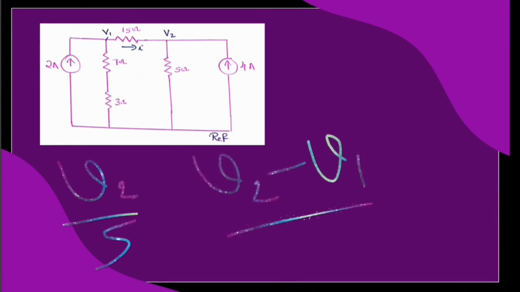By KCL, the sum of currents entering a node is equal to the sum of currents leaving that node. At node V2, we have one incoming current, 4 amperes, and two unknown outgoing currents. Hence, we can write V2 by 5 plus (V2 minus V1) by 15 is equal to 4.